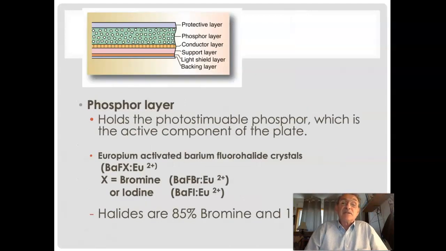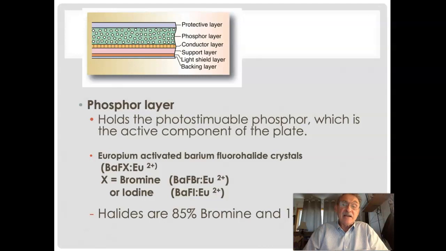Coming up closer to the top, we have the phosphor layer. This is where the magic happens. This is also known as the active layer. This holds the photostimulable phosphor, which is the active component of the plate. And this photostimulable phosphor is largely europium-activated barium fluorohalide crystals. There is some variability to that, but by and large, these are the terms that you're going to hear: europium-activated or europium-doped, if you will.